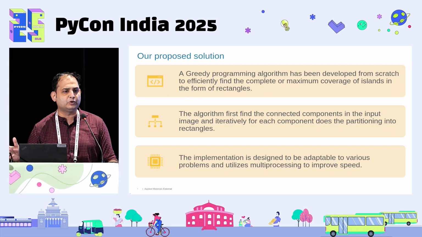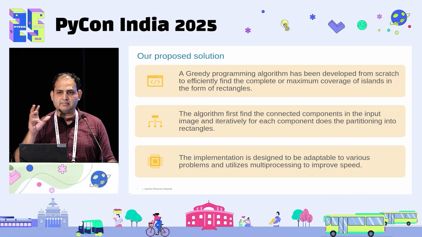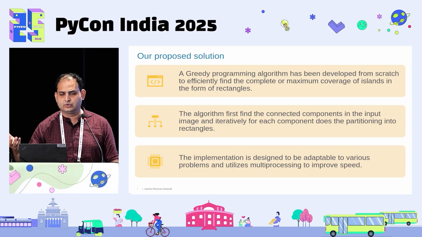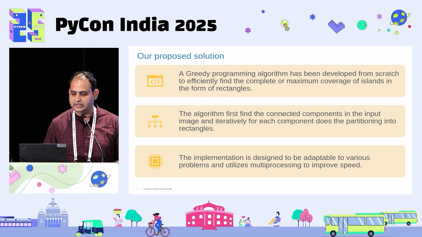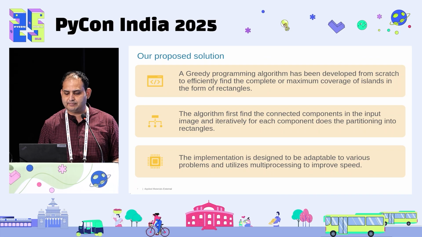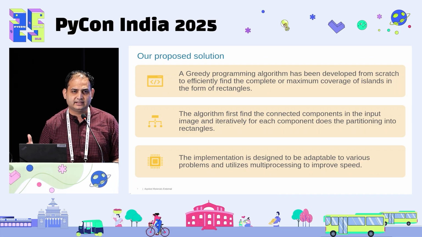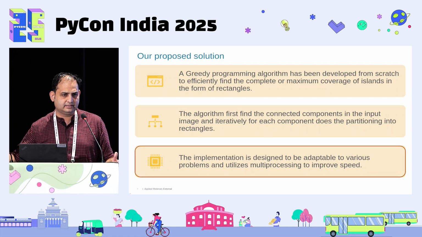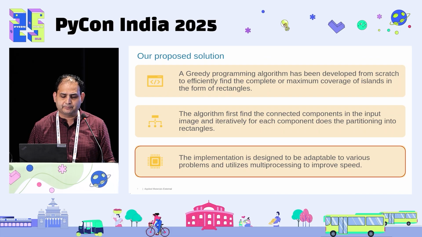If you have any CPU-bound task, you can replace my task with your task, and that will be a very efficient way to optimize your throughput. It utilizes multiprocessing in a better way so that we can improve the throughput. This third point is the main focus of the topic.